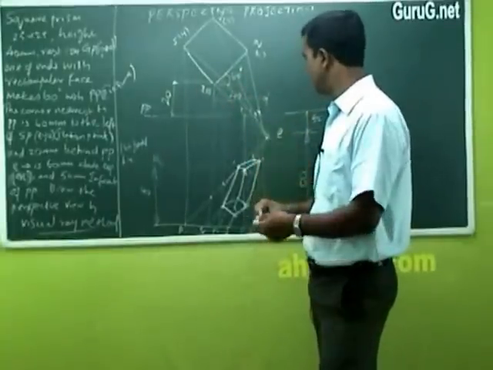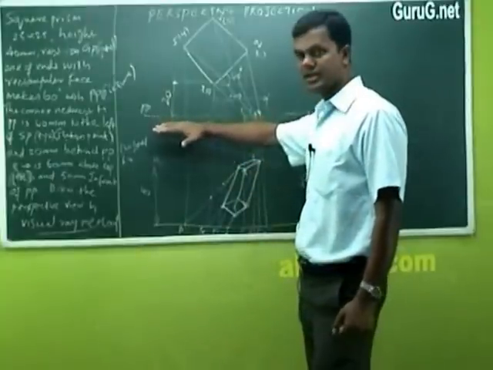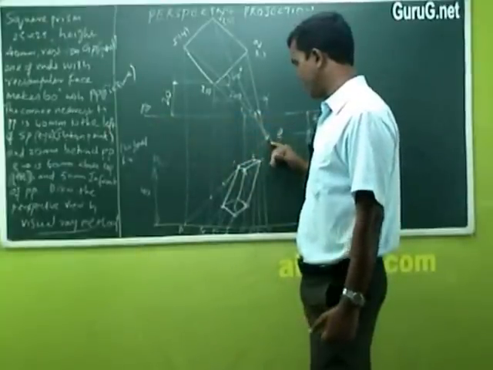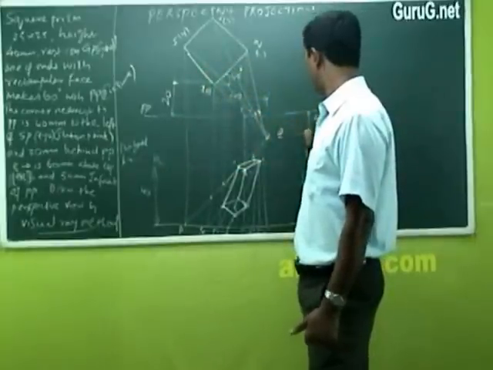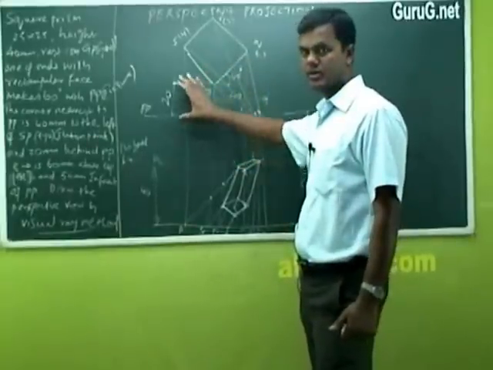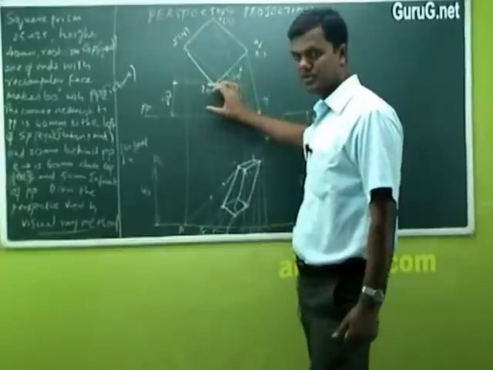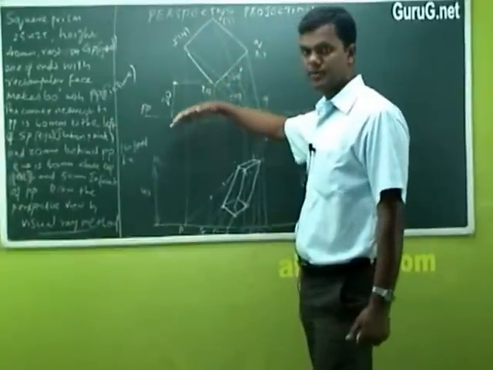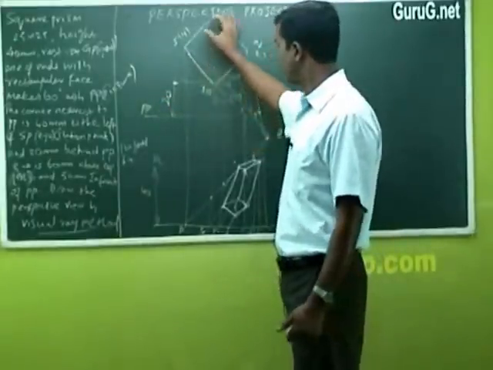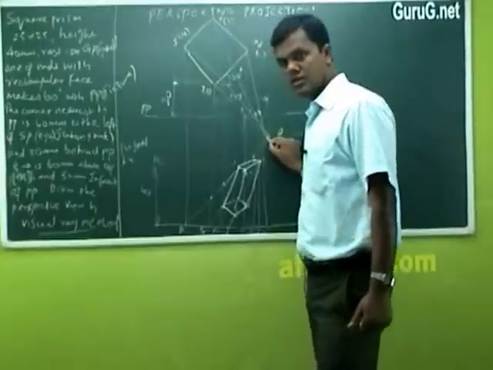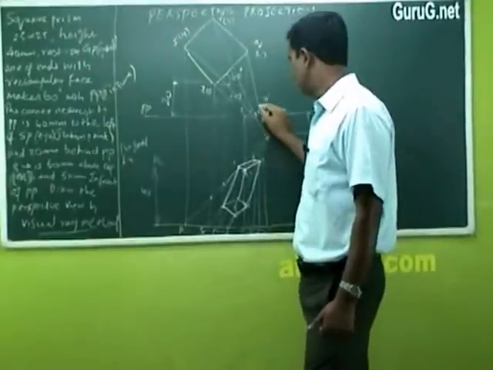So the steps: after indicating the picture plane, the station point, horizontal line, and your required other distances, and whether the nearest point is in front of some value, that is 20 millimeter or 40 millimeter from the picture plane, join all these points with the station point.